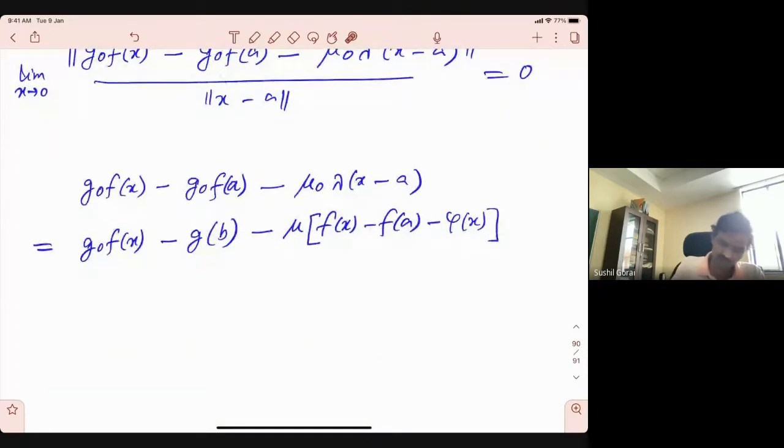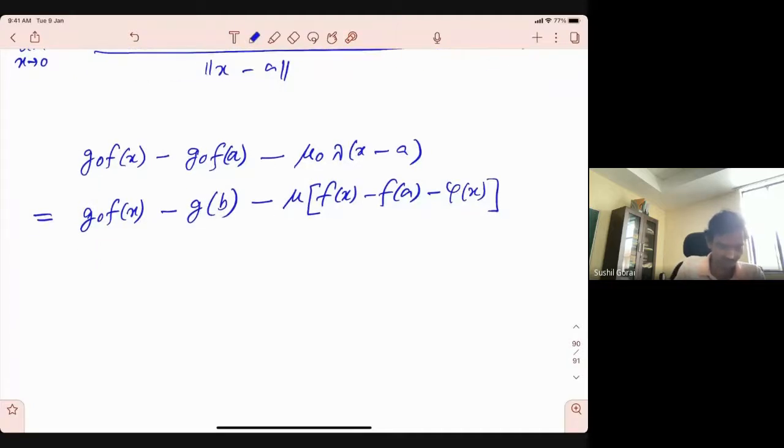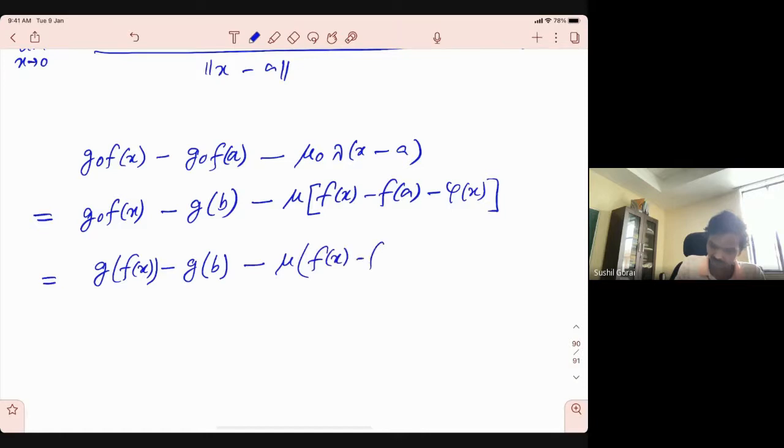So now this is g of f(x) minus g of b minus mu of (f(x) minus f(a)) plus mu of phi(x).